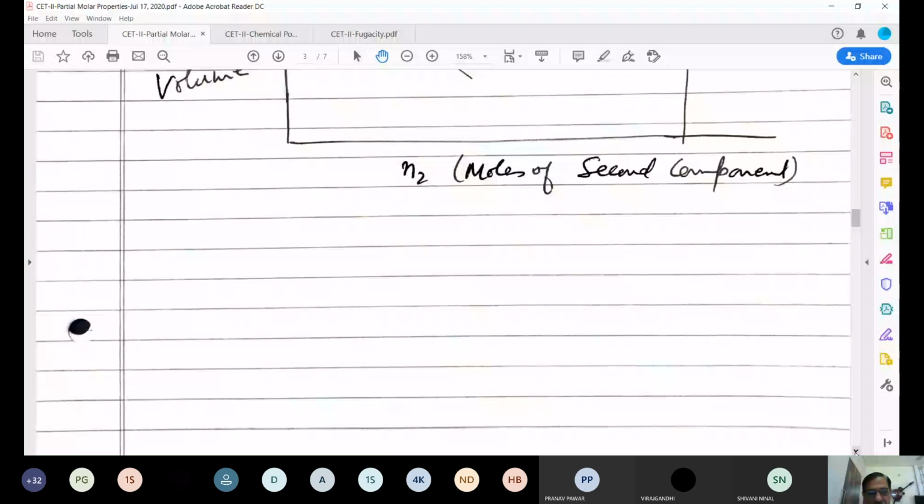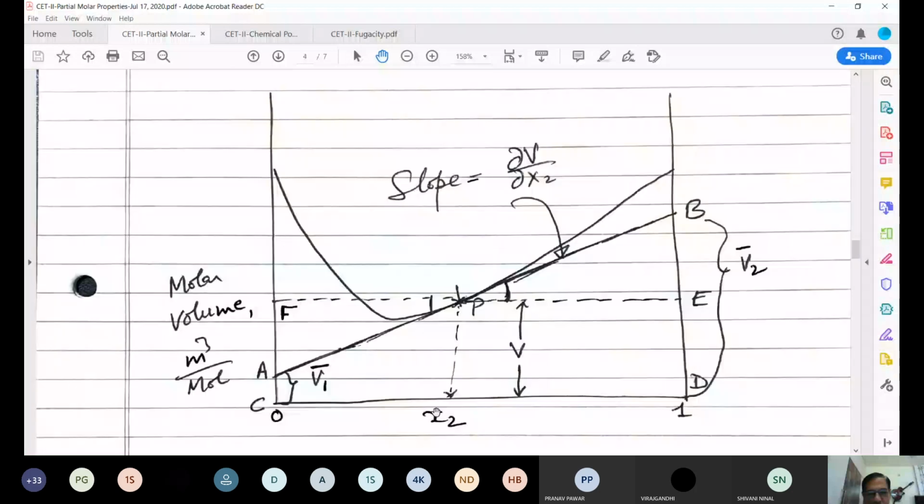Similar to what you saw in the first one, again we plot the total volume or molar volume of the solution versus x2, that is mole fraction of second component, on the x-axis, and we get some curve like this.